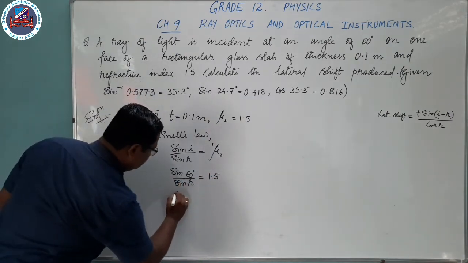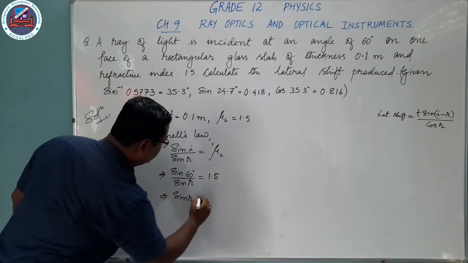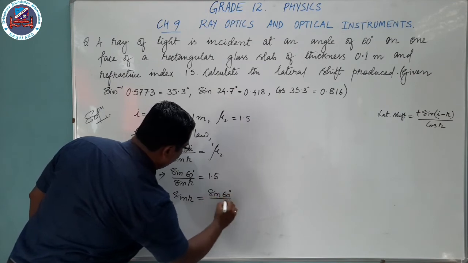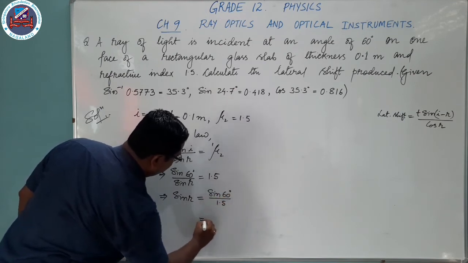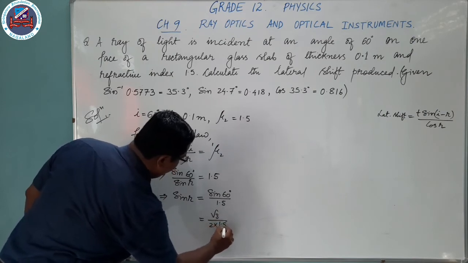Now sin R is equal to sin 60 degrees divided by 1.5. Sin 60 is root 3 by 2, so 2 into 1.5.